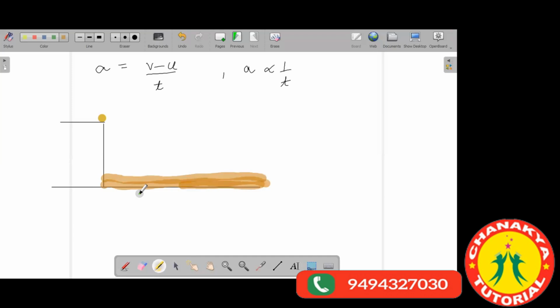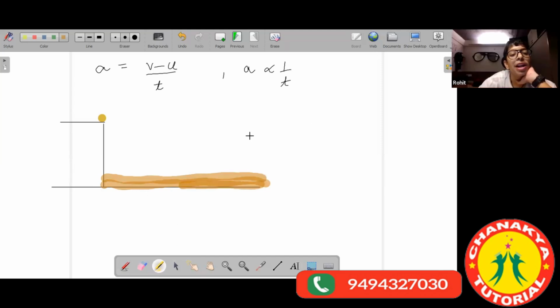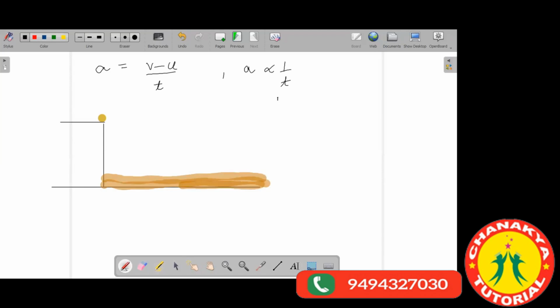Okay. Can you apply these two things here? I have written over here one of the formulas, that acceleration is inversely proportional to time. Now I'm writing another thing here. I have F equal to ma.